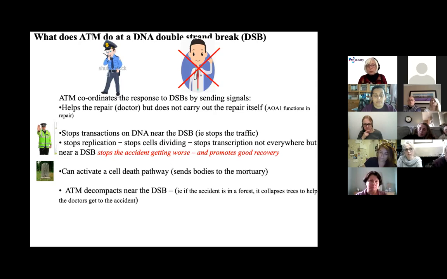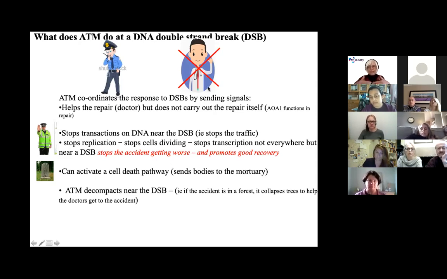It also helps to decompact and compact the DNA around where there's a break. You can think of this as like an accident in a forest. The doctor can't get there because there are too many trees around.